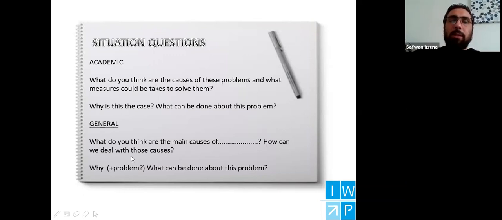How can we deal with those causes? Why? And then they will state the problem. What can be done about it? So the two questions that you're going to get, question number one is going to be about the reasons for this problem, the causes for this problem. And question number two is going to be about solutions for it.